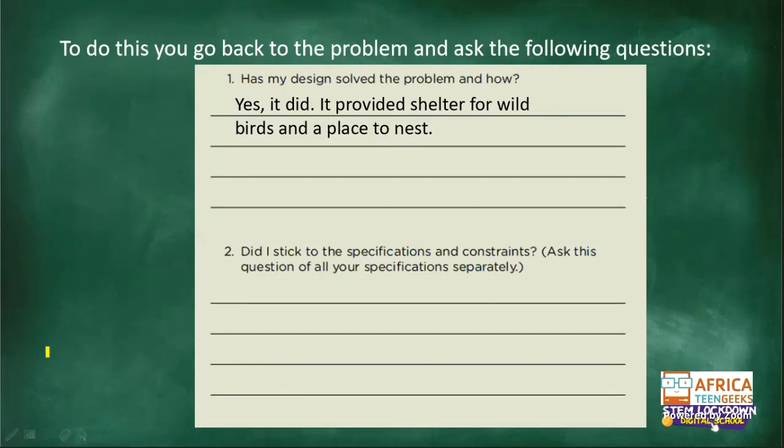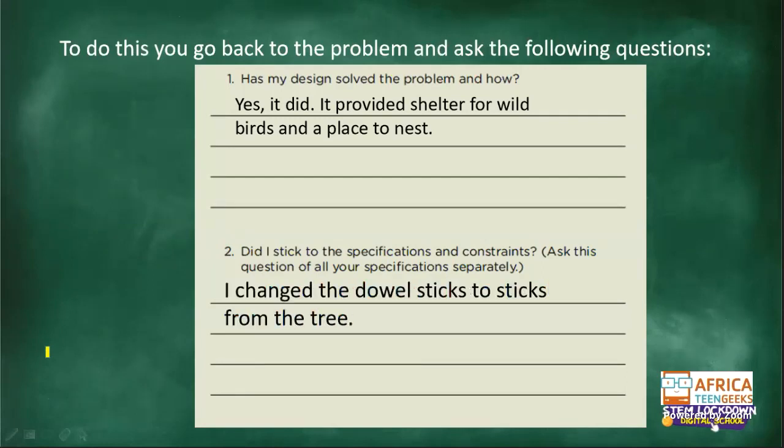Then question number 2, did I stick to the specifications and the constraints? Now, if I look at my specifications, I thought of something that could have changed. You know, I said that I am going to use dowel sticks, but that's something I need to go buy. Do you all know what dowel sticks are? It's those round sticks you get in a bird cage.